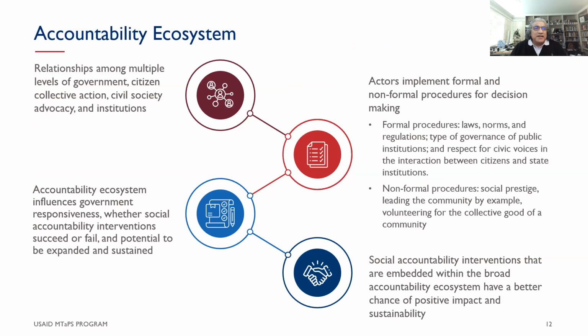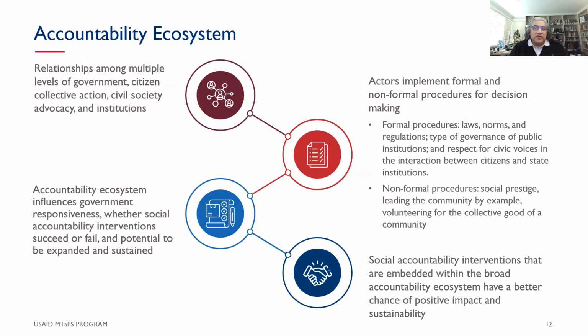So the accountability ecosystem is the relationship of the multiple levels of government and multiple levels of stakeholders and actors in any given country. The accountability ecosystem exists in every single country, including countries that face a crisis, countries that are affected by natural disasters or other conditions.